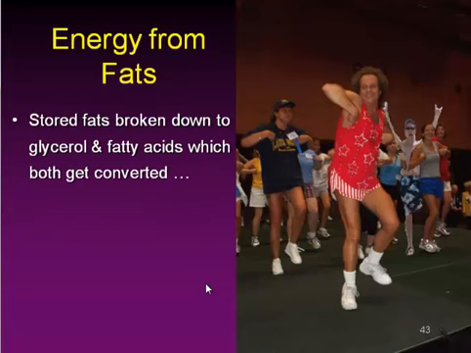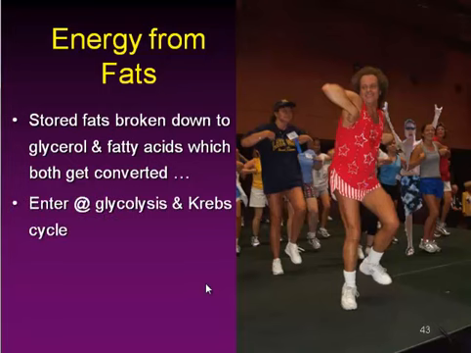You can actually break down your fats into their constituent parts. Remember back to the macromolecule lectures, think about triglycerides, right? You can break those triglycerides into the glycerol backbone and the fatty acids, and both of those can get converted through the act of glycolysis.